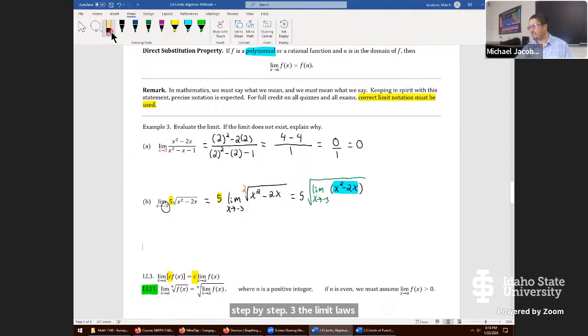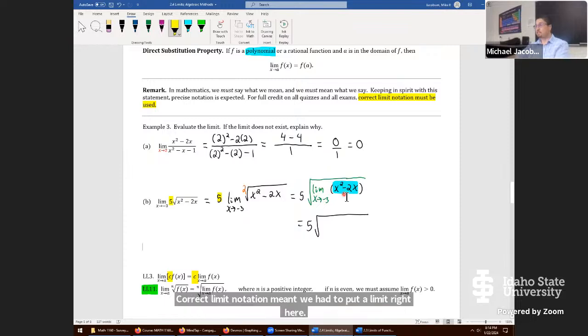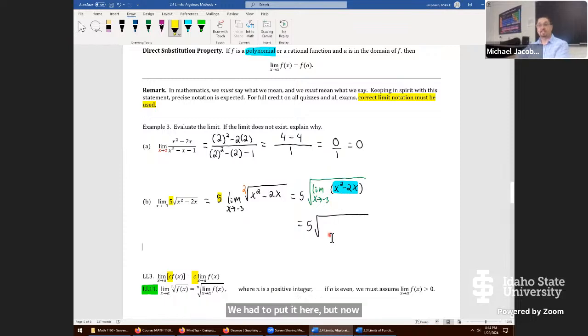Sorry, didn't need to scribble on that. Let's actually finish this one out. This is now going to turn into 5 times the root of. Correct limit notation meant we had to put a limit right here, but now we're done with the limit. We're evaluating and we drop the limit statement.